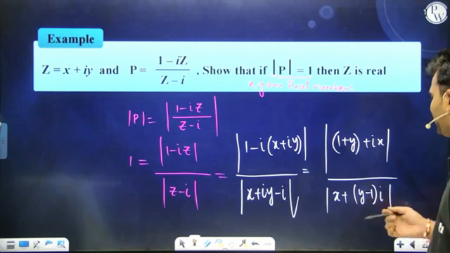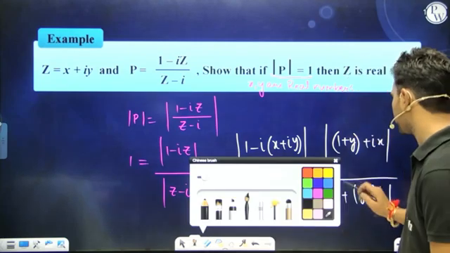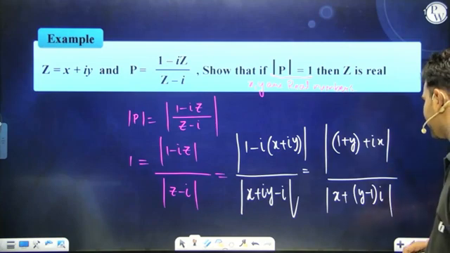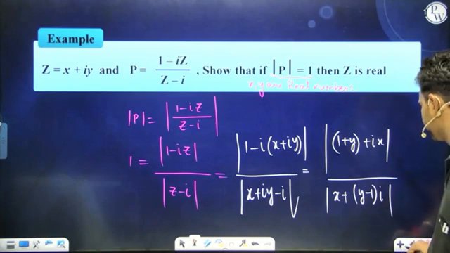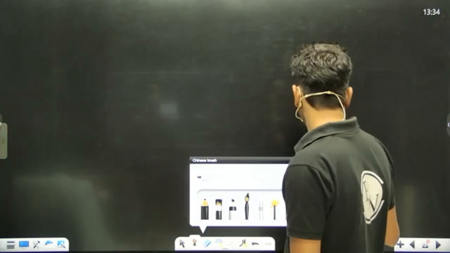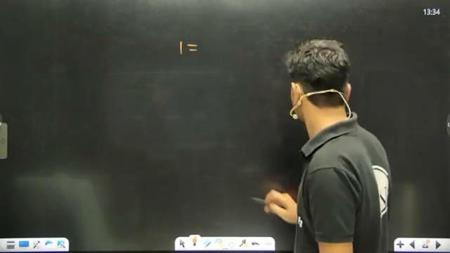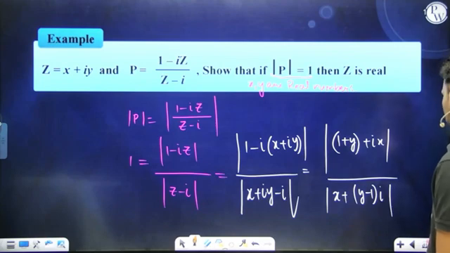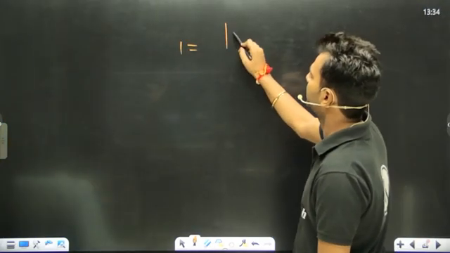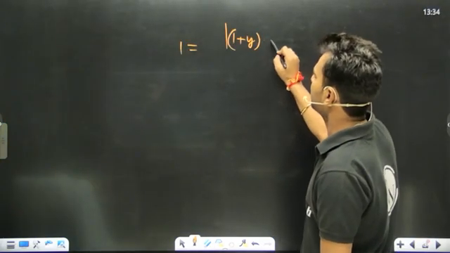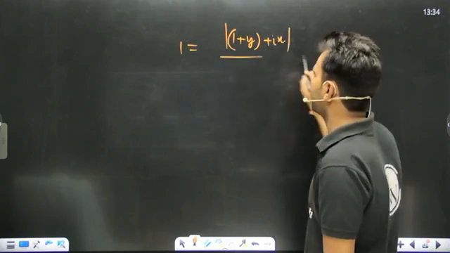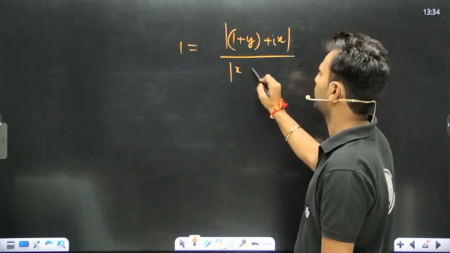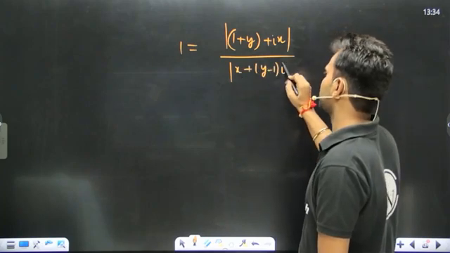Or we can do it in multiple ways as well. I'll talk about that as well. Okay, so this thing can be further rewritten as 1 equal to the modulus of (1 plus y plus iota x) divided by the modulus of (x plus (y minus 1) times iota).